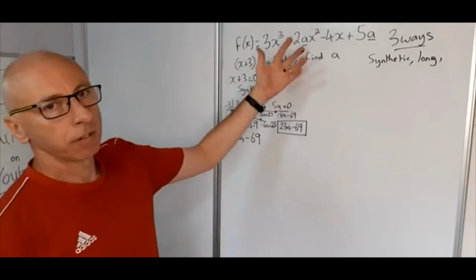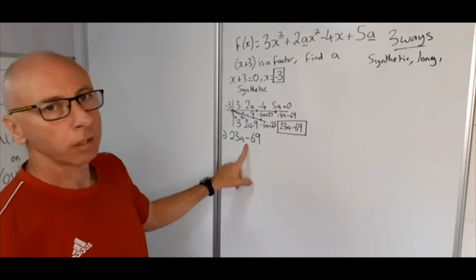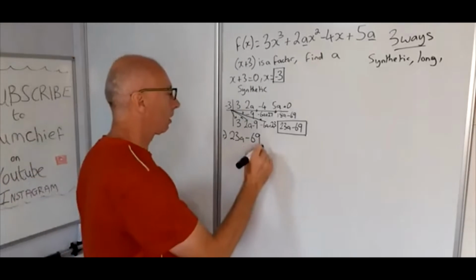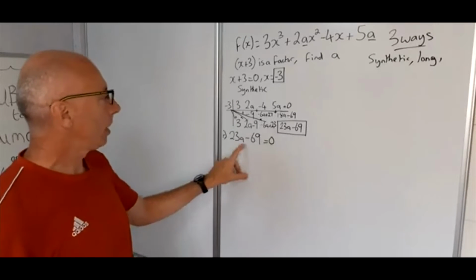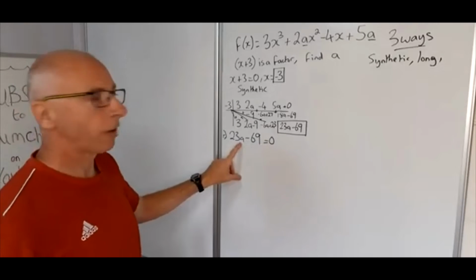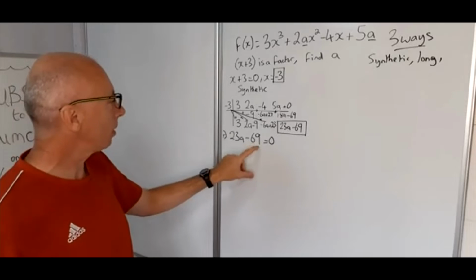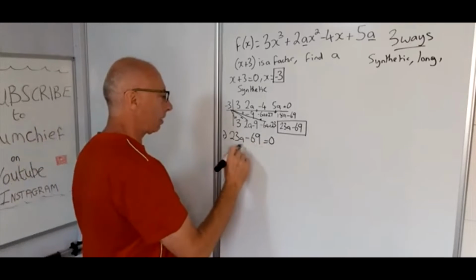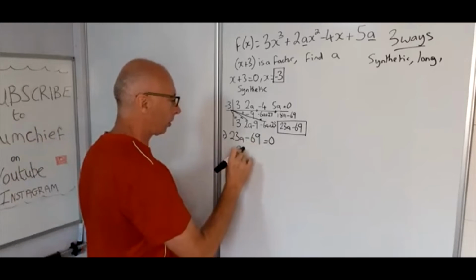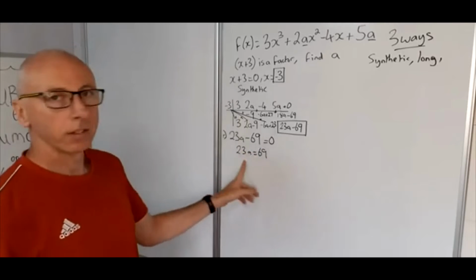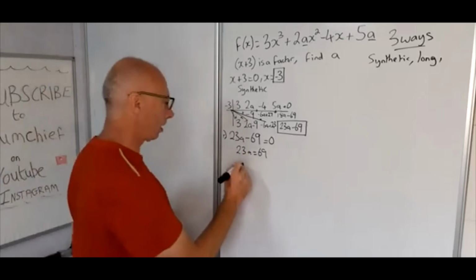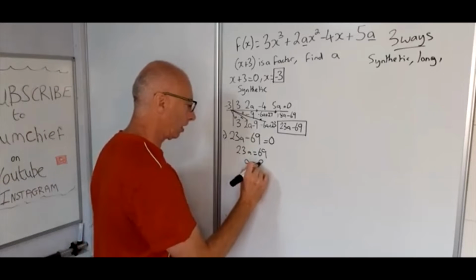But as this is factorable, we know that the remainder will be 0. There should be no remainder. So now, to solve for a, 23a minus 69 equals 0. Move the 69 to the other side, we've got 23a equals 69. Divide both sides by 23. a equals 3.